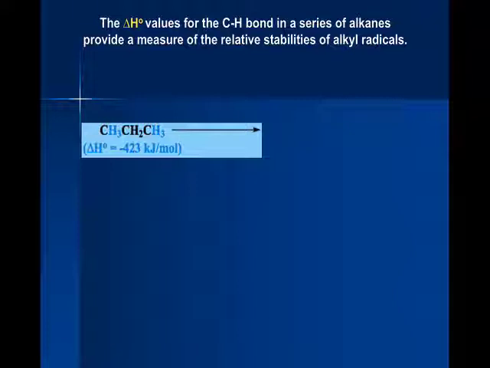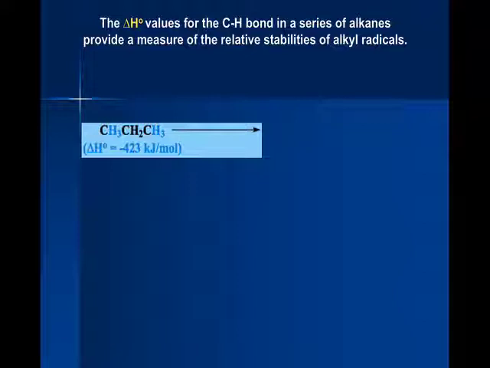How many different kinds of carbon-hydrogen bonds can we have? This goes back to like chapter 2. Well, they are terminal, I'll give you that, but that's not what I'm after. Primary, secondary, and tertiary hydrogens, right?